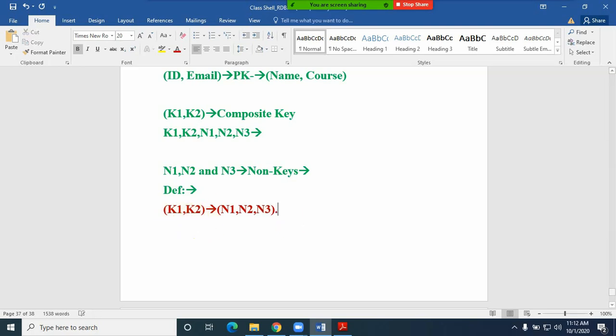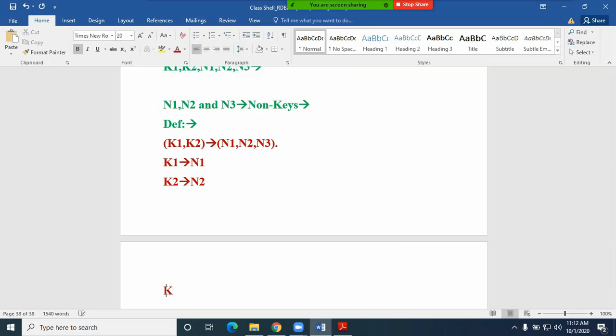Suppose that like this I am having, for example, K1, N1, K2, N2, whereas K1, K2 is the key, and the non-key is fully dependent, for example.